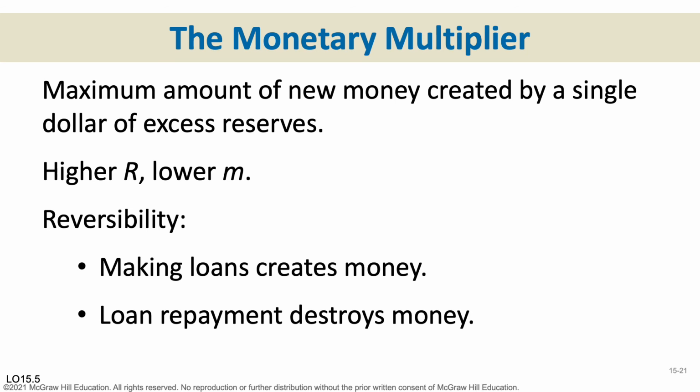In the examples we were working, our required reserve ratio was 20%. Our money multiplier, 1 divided by the required reserve ratio, so 1 divided by 0.2, that money multiplier was 5.